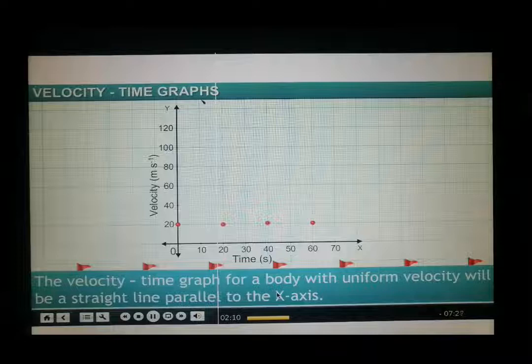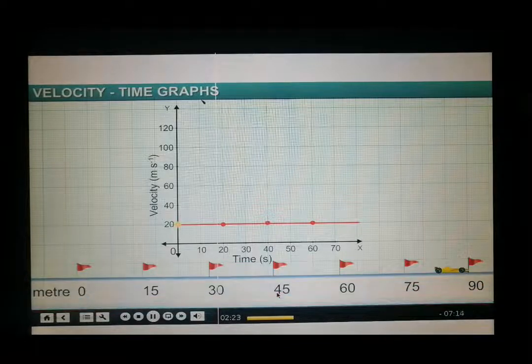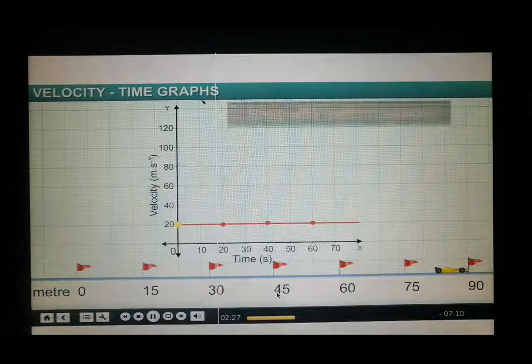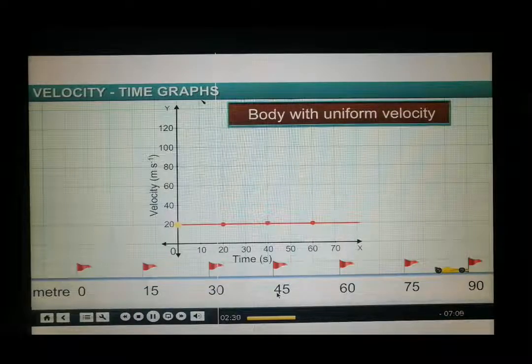Therefore, the velocity time graph for a body with uniform velocity will be a straight line parallel to the x-axis. The point where the line intercepts the y-axis shows the magnitude of the uniform velocity of the body.